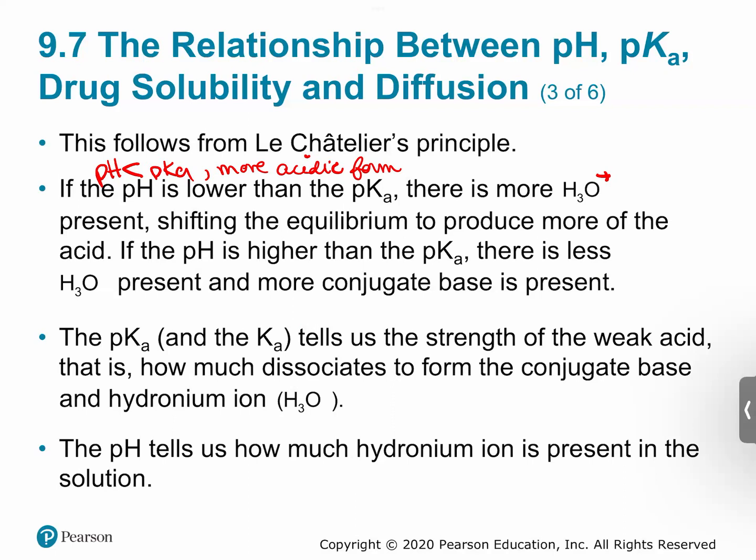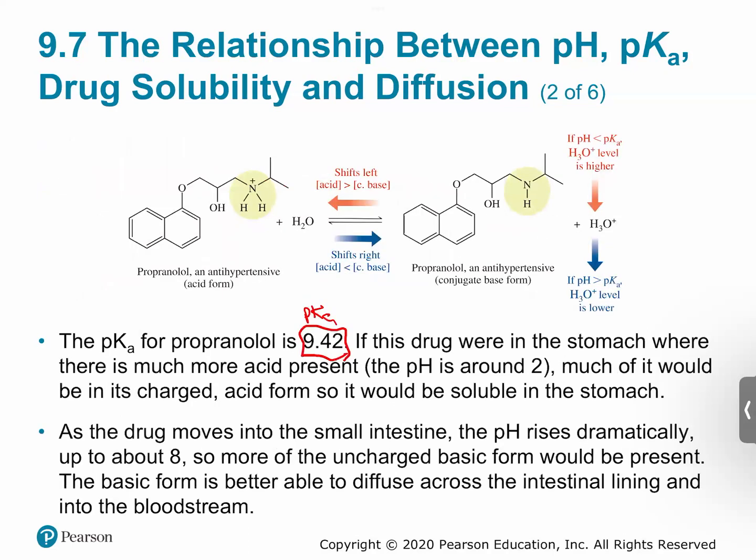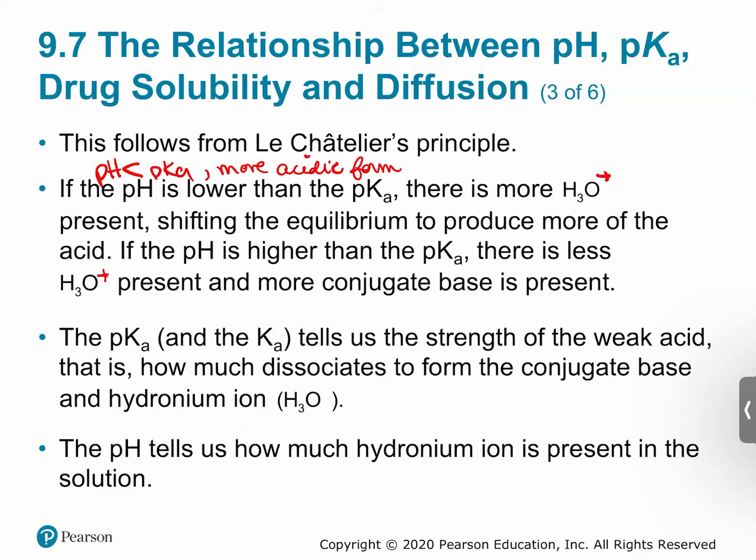Remember that pH scale. So more hydronium ions is more acidic. So that shifts the equilibrium to produce more of the acid form. And if the pH is higher than the pKa, it's opposite. That means there are less hydronium ions present. So think about that reaction. Look at the reaction and where you have hydronium ions and what's going to happen and how the equation is going to shift. So spend some time with that.